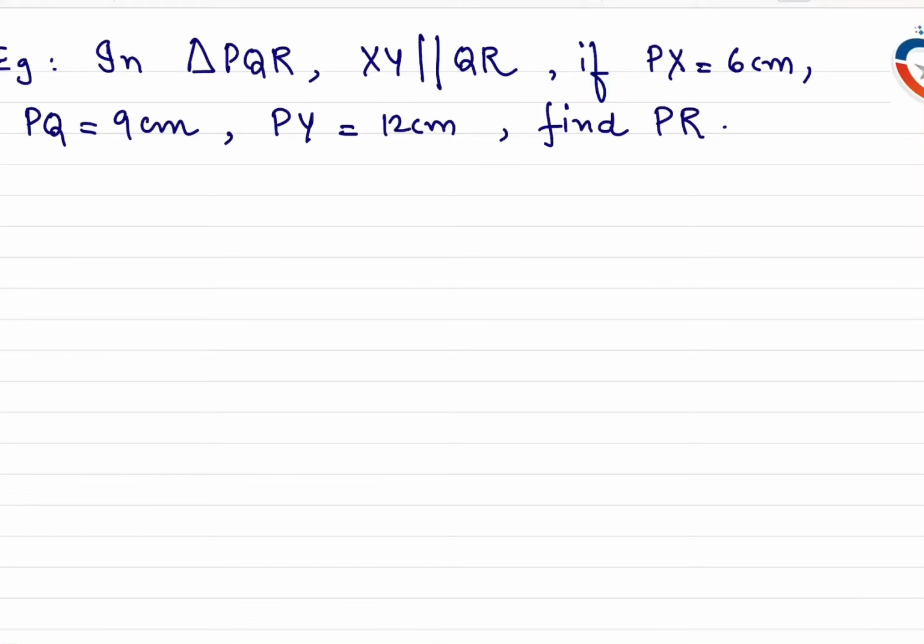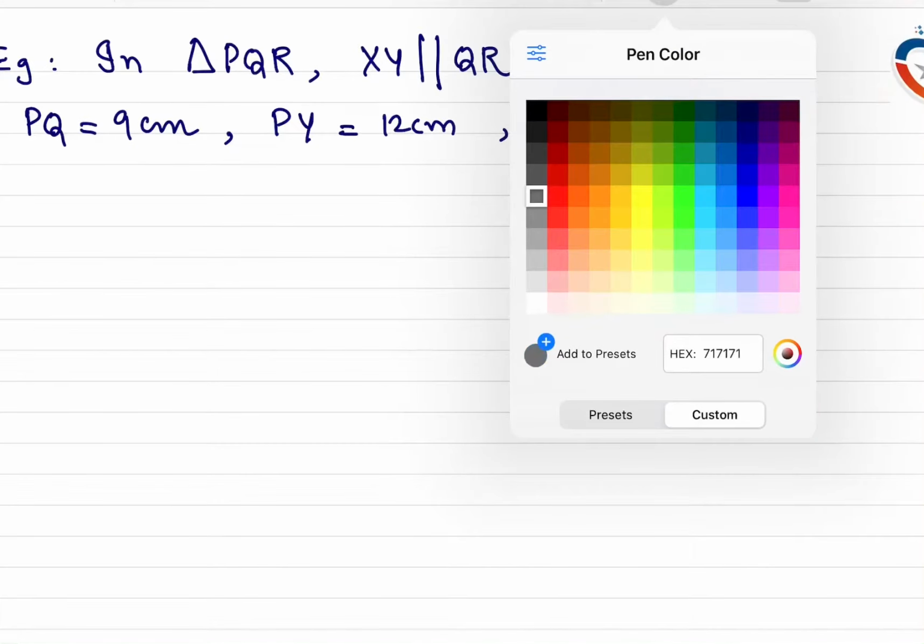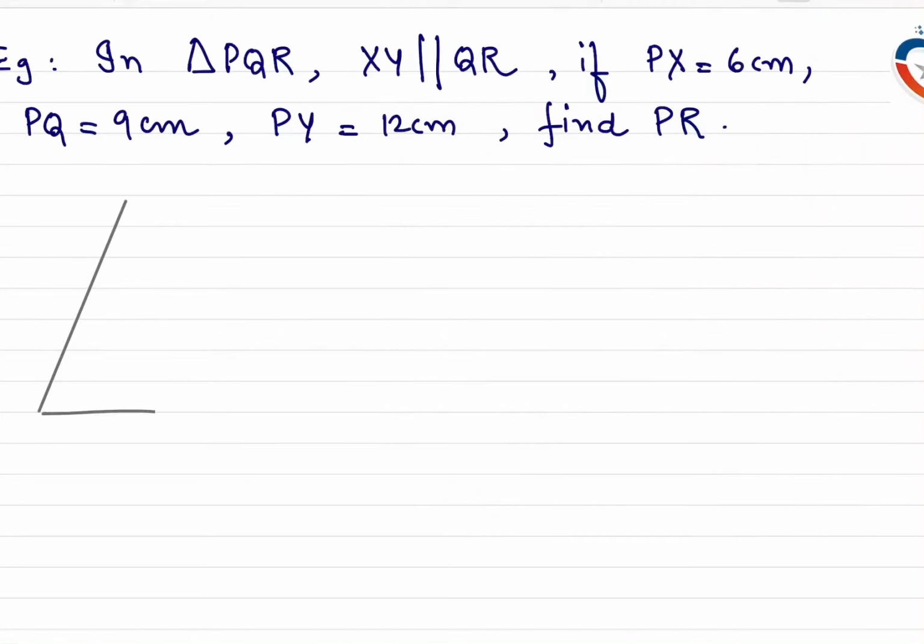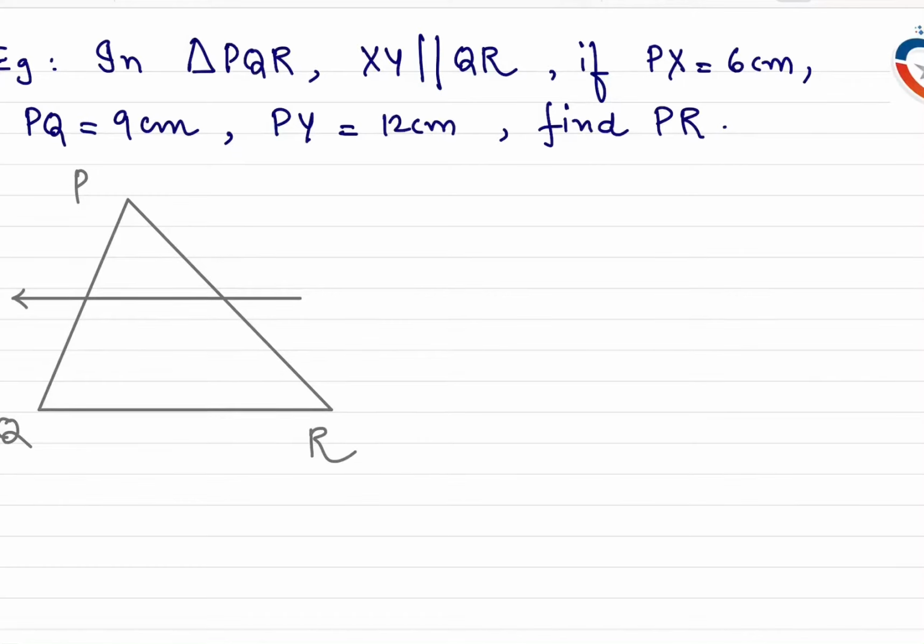So you have to draw the diagram, put the values, analyze and solve this question. Okay, so let's draw a very simple diagram. Here we have triangle PQR, fine, and there's one line XY parallel to QR. Now what all values are given?